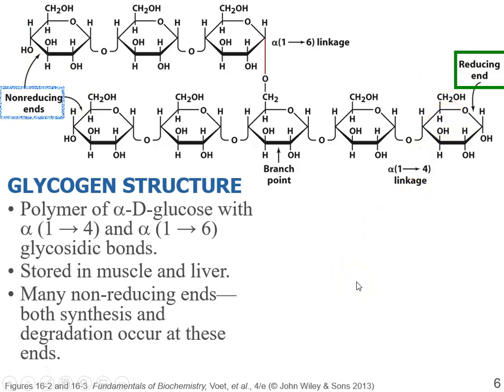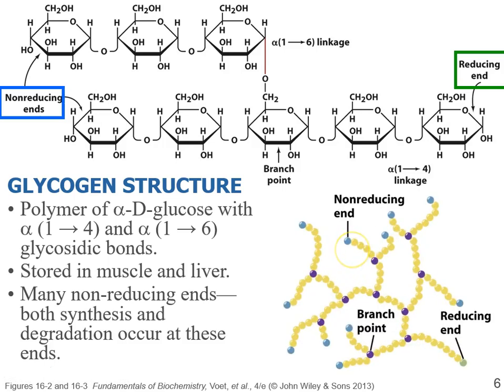If we have a very large polymer, you only have one reducing end, but lots and lots of non-reducing ends. That's important because interesting chemistry will happen at the non-reducing ends. So having a branched polymer gives you lots of non-reducing ends and allows those reactions to occur there.